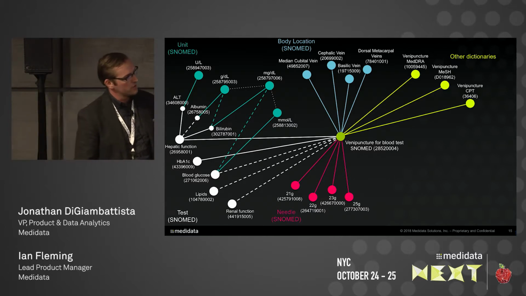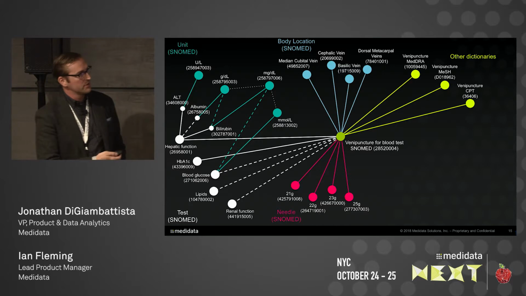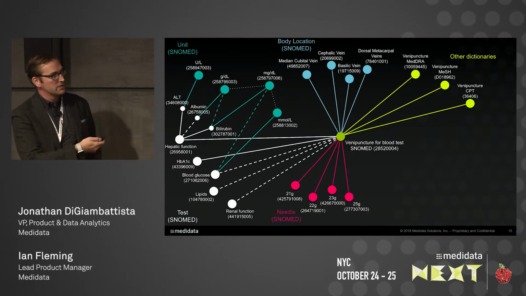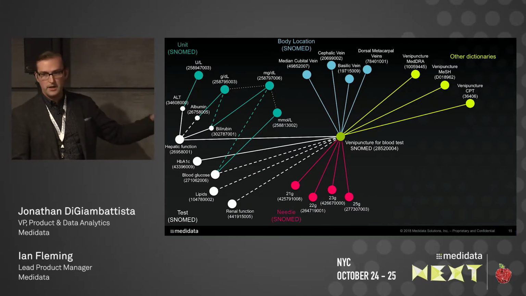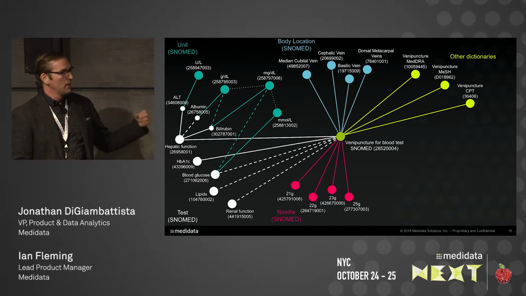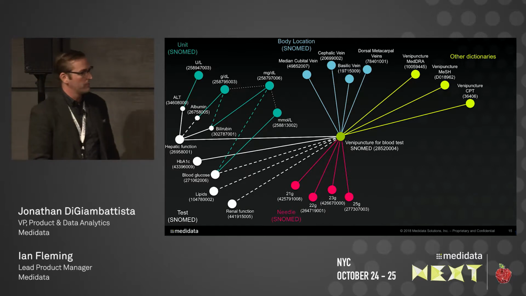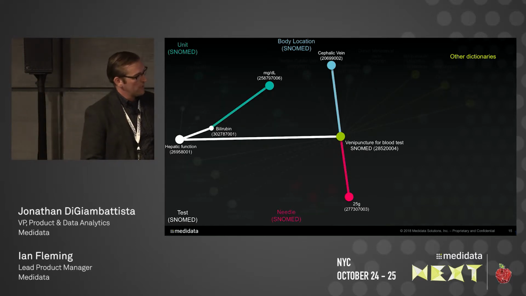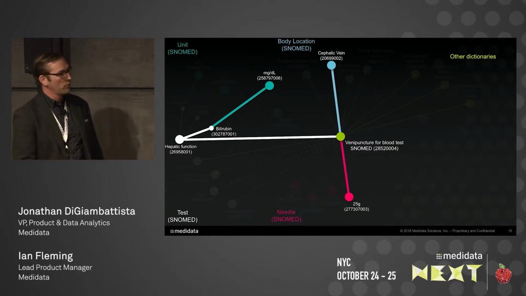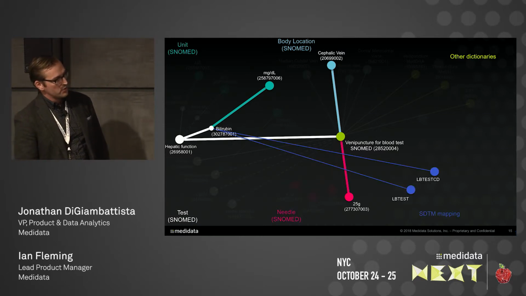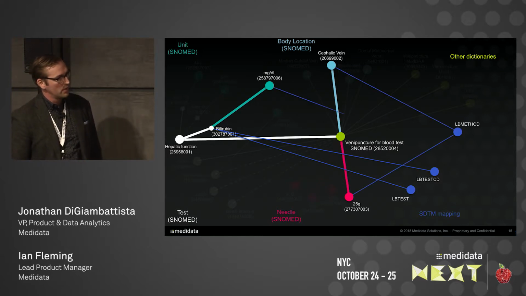Again, canonical definitions. We can also link out to other dictionaries. For example, venipuncture has these other concepts in other dictionaries like CPT, MeSH, MedDRA, SNOMED, or NCI terminology, whatever, that we can link into the graph as well. So if this is what you decided you were going to do for your particular study and you encoded this into your protocol, what we could then do is code these individual values into SDTM variables, right?